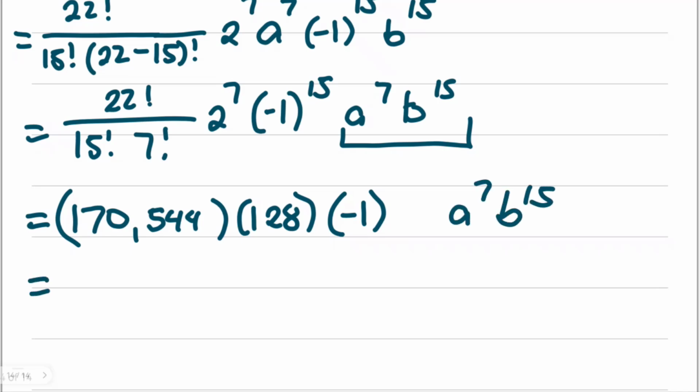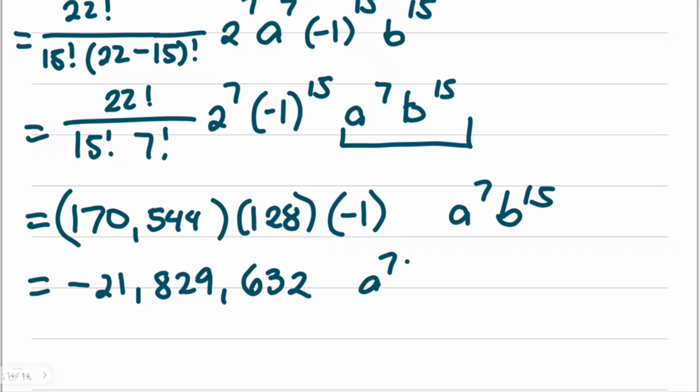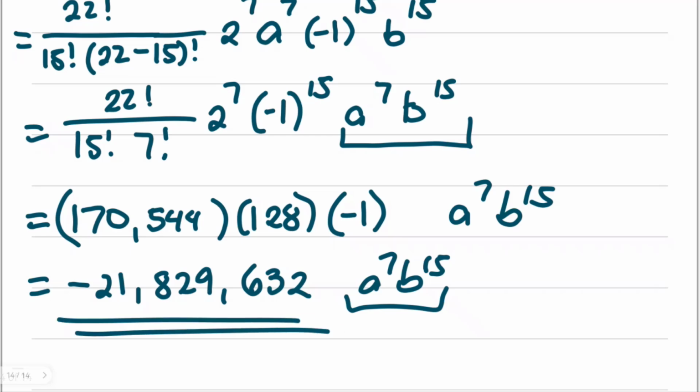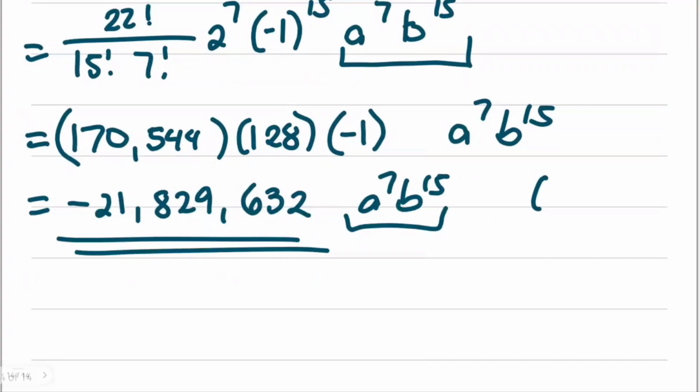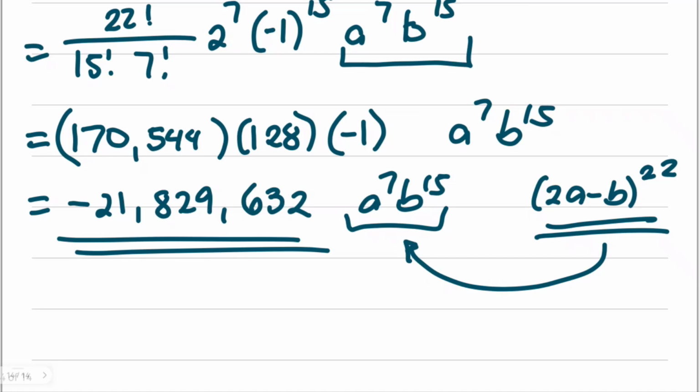When you multiply that, 170,544 times 128 times negative 1 will get us negative 21,829,632. That is the numerical coefficient of a to the power of 7, b to the power of 15. This is just what we were asked to solve for in the expansion of 2a minus b to the power of 22 for this specific term.